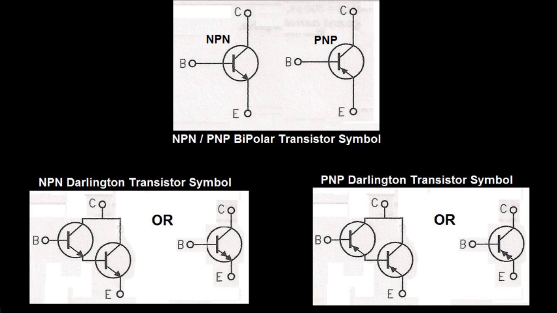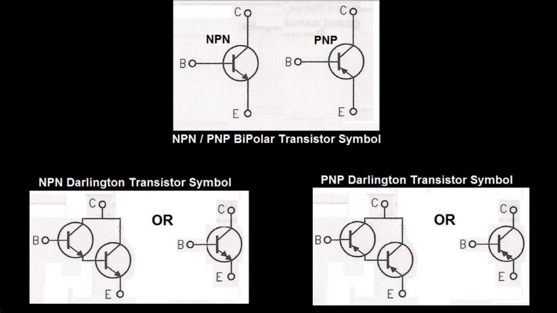Now, they have two different kinds, for the NPN Darlington transistors and for PNP Darlington transistors. They're basically the same. The only difference is the polarities are different. They're opposite of one another. But here you have two different kinds of what Darlingtons would look like on a schematic.